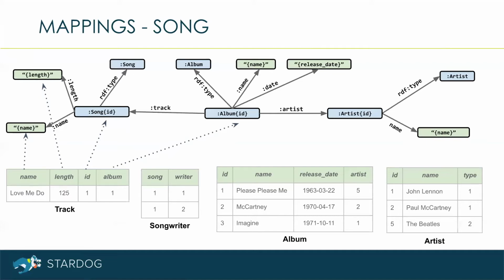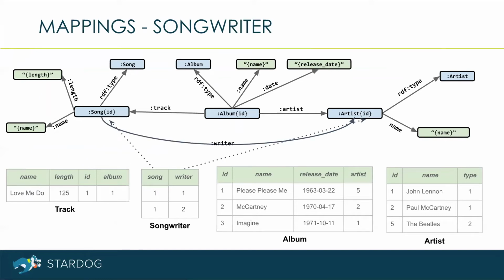Because direction is obviously important, we map the song with song ID, we have the type, we have the length and the name just from the columns, and then the link to the album table. So noting that, as you can see, the more tables here that we map to RDF, it takes the implicit graph structure that's kind of hidden in the relational model and makes it explicit.